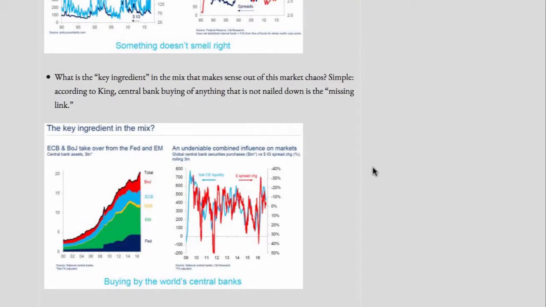What is the key ingredient in the mix that makes sense out of this market chaos? Simple. According to King, central bank buying of anything that is not nailed down is the missing link.